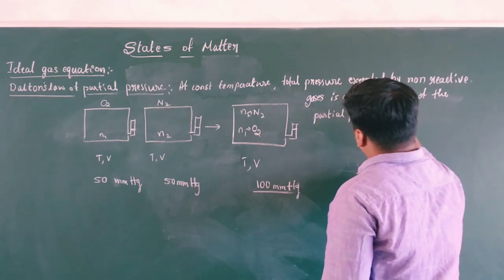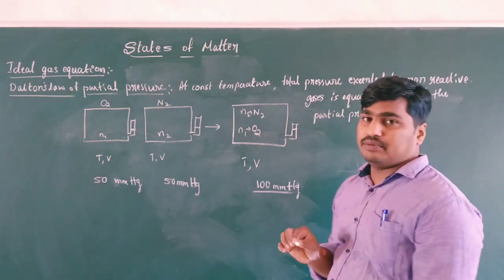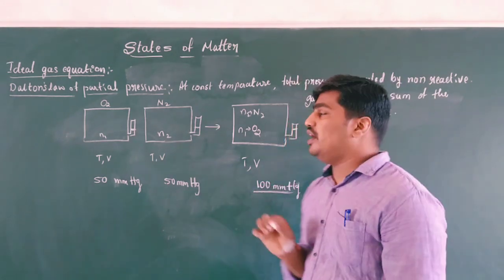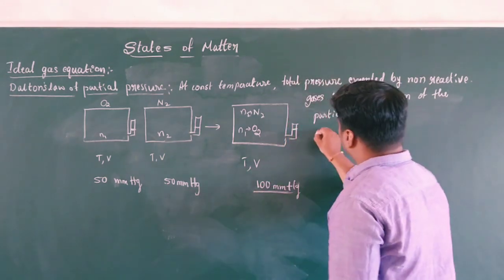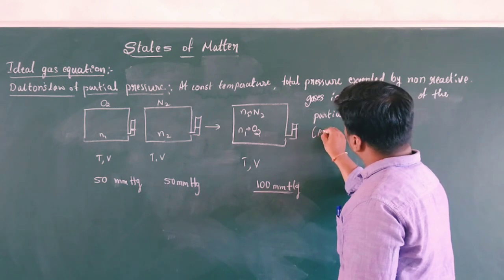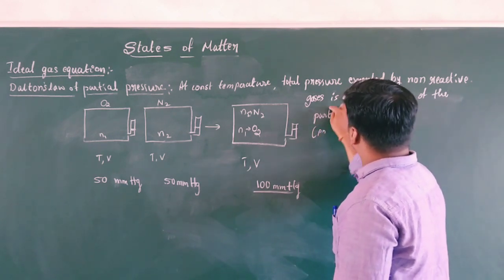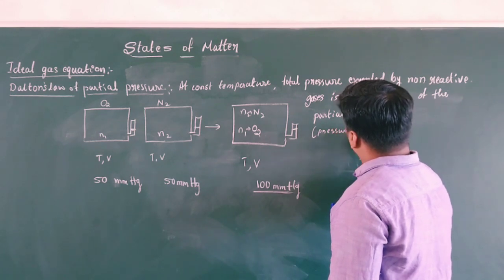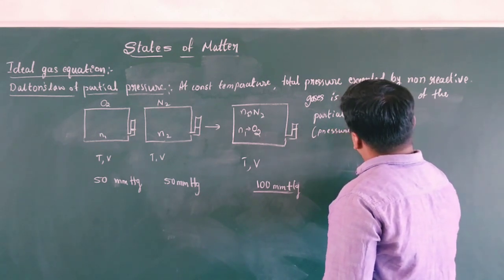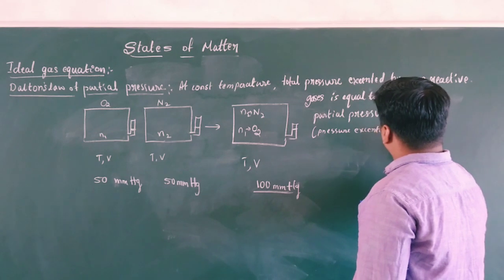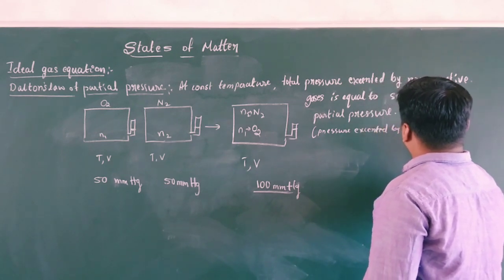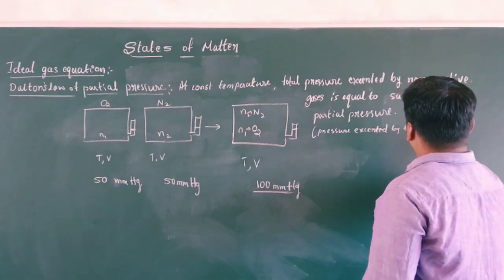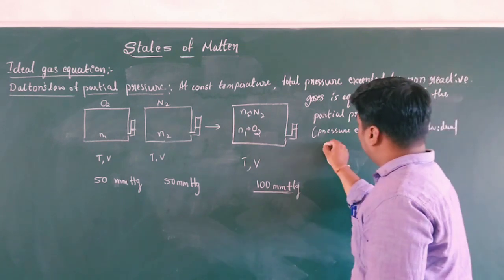Then what is the meaning of partial pressure? Partial pressure means pressure exerted by individual gases. Here you can use it in words: the total pressure is equal to the sum of the pressures exerted by the individual gases.